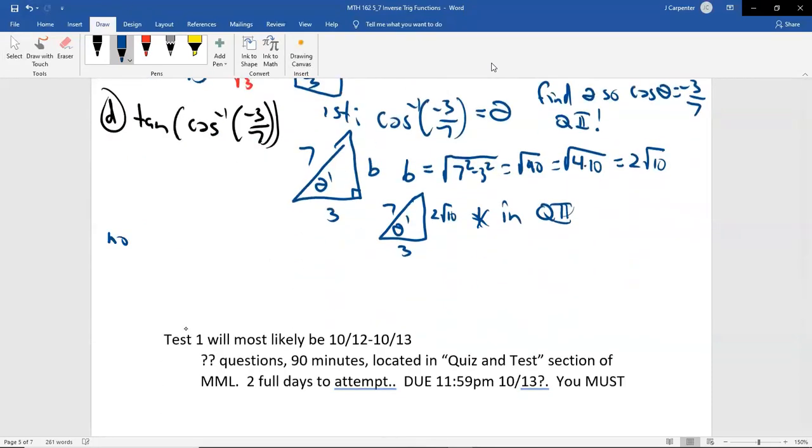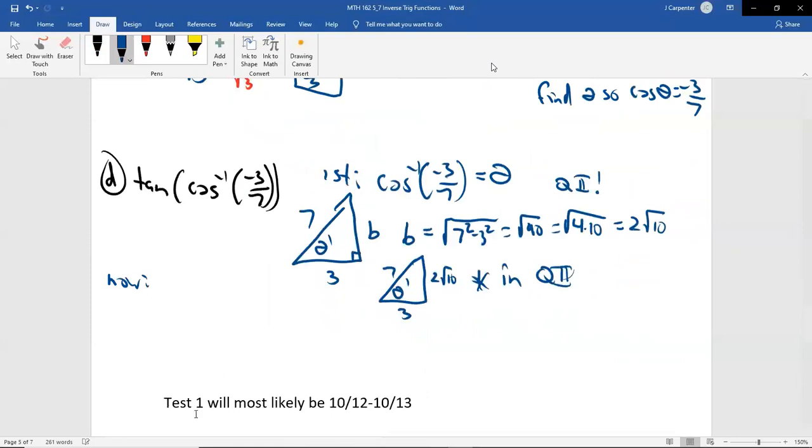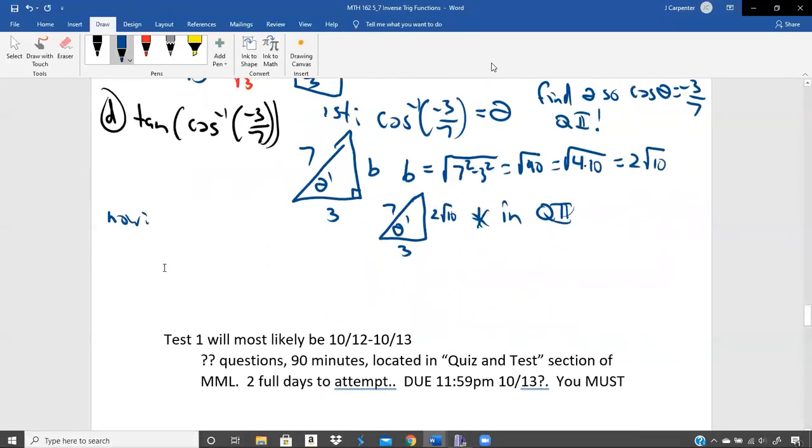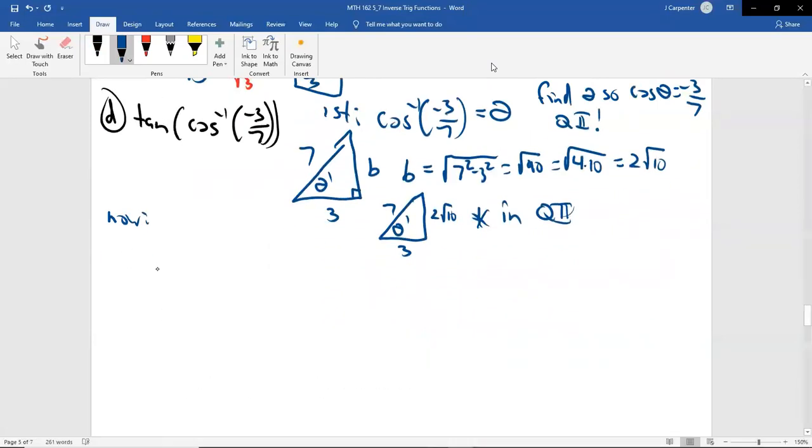Now what we're doing, now is probably a bad word choice for later. All right, we've got the tangent of the angle. The angle is based on that triangle. The tangent would be opposite over adjacent.